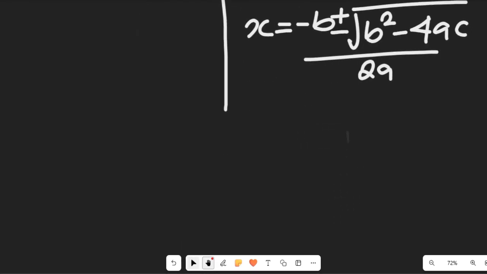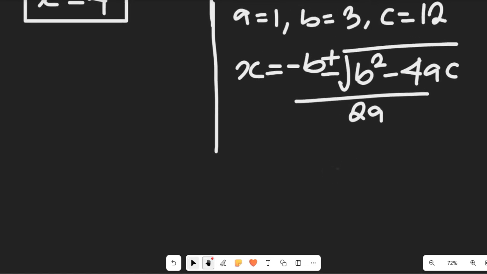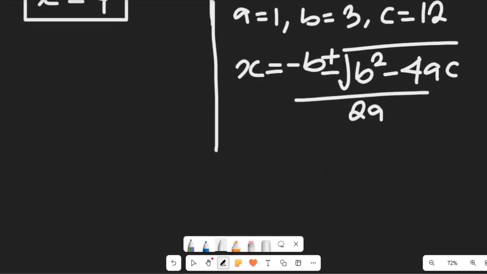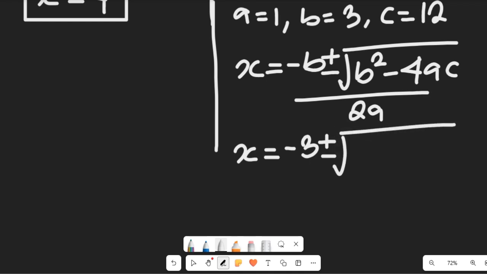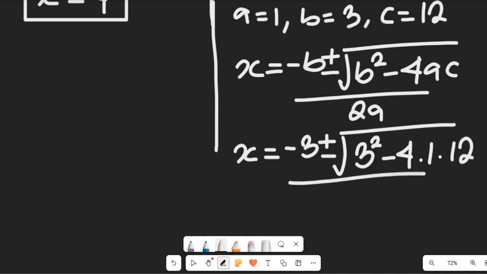Now, to simplify this expression, remembering the values of a, b, and c, we'll have our x equal to minus 3 plus or minus the square root of 3 squared minus 4 multiplied by 1 multiplied by 12, all of these divided by 2 multiplied by 1, right?